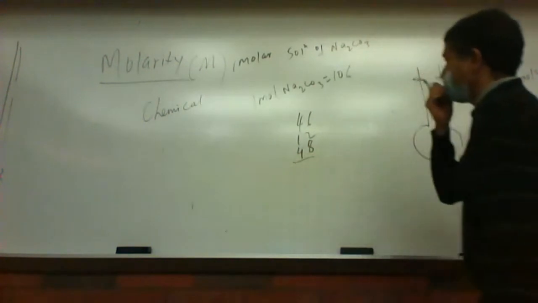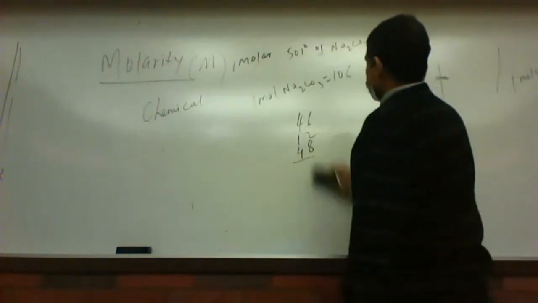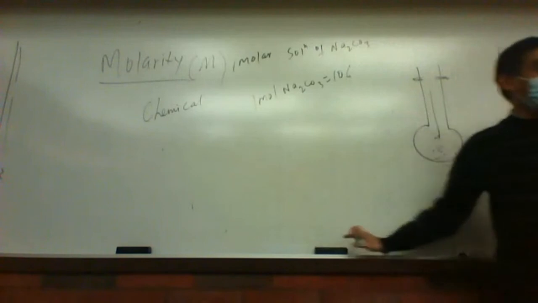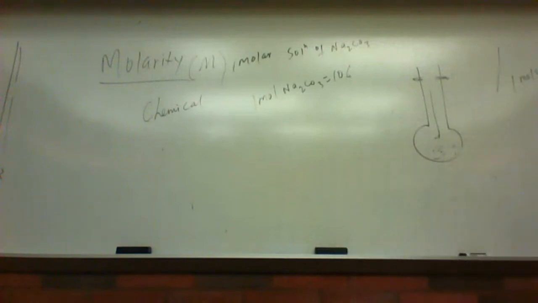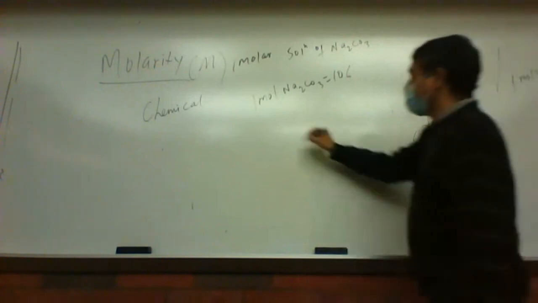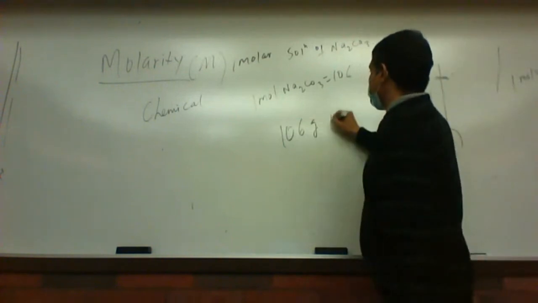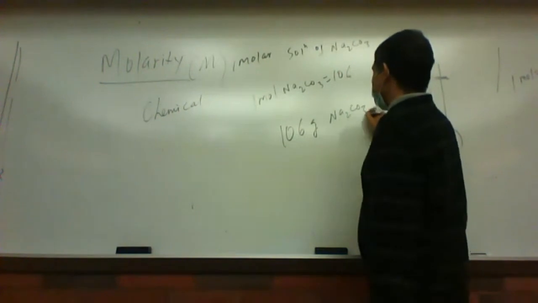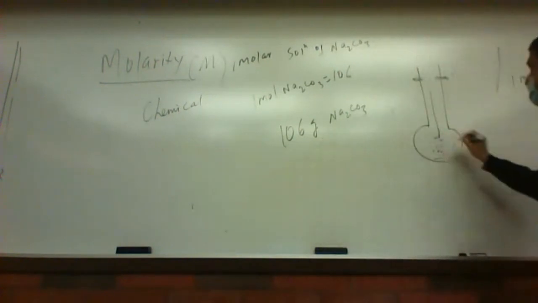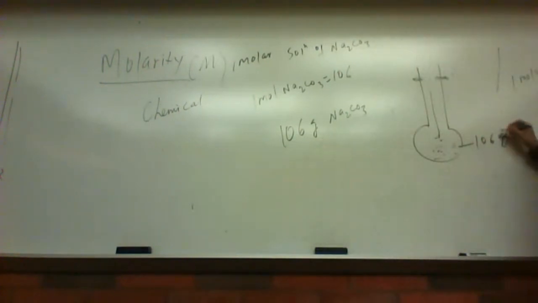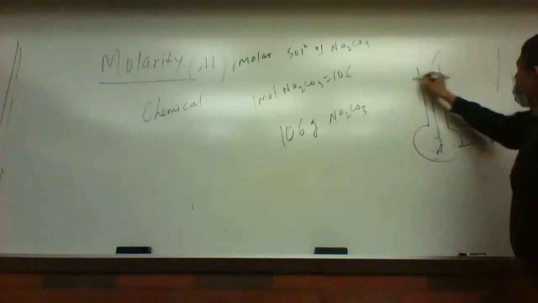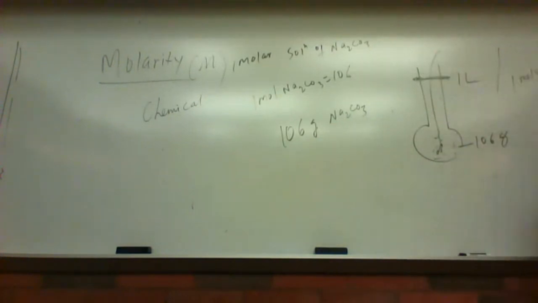Yes, it's 106, right? So the molar mass of sodium carbonate is 106 gram. So go to the lab, measure 106 gram of sodium carbonate on the balance, put it in the 1 liter flask, add water up to 1 liter. Easy. So that is 1 molar.